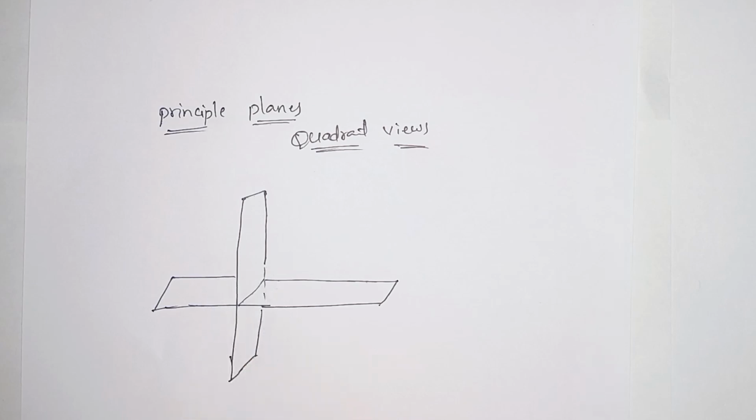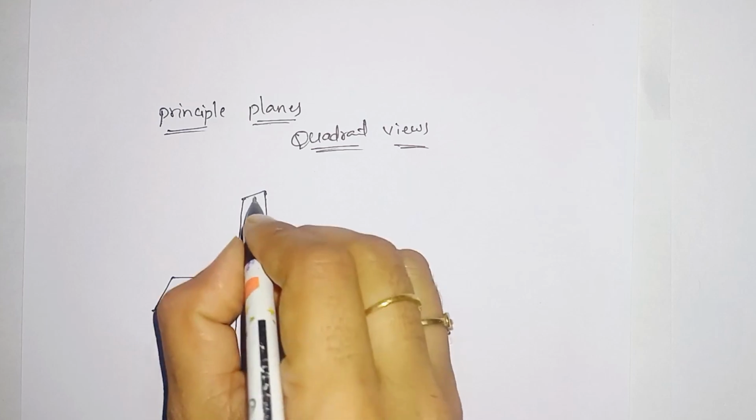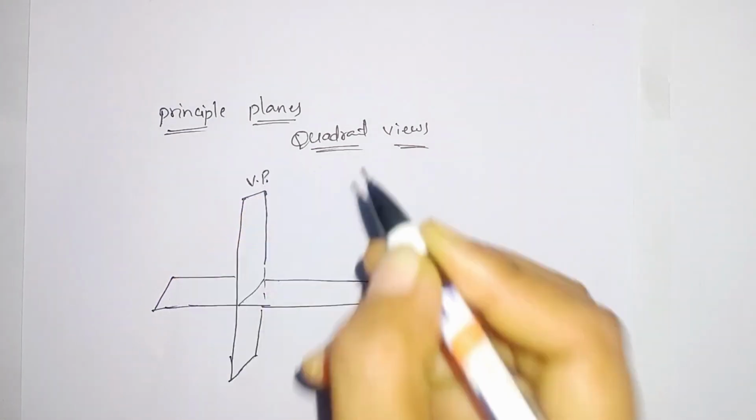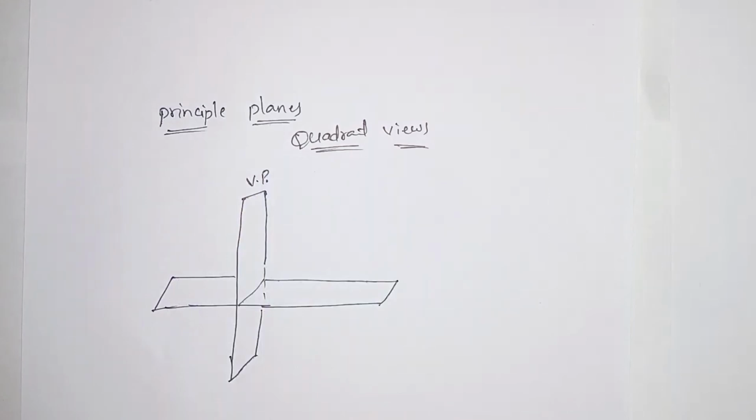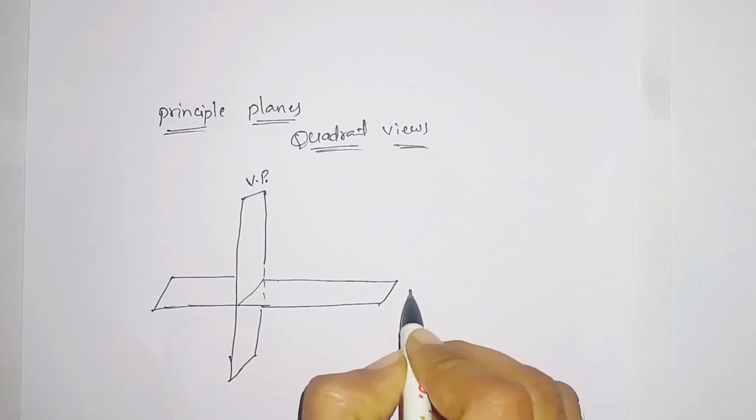The vertical plane of projection in front of the observer is usually denoted by the letters VP. It is often called the frontal plane and also denoted by FP. The other plane is the horizontal plane of projection, known as HP.